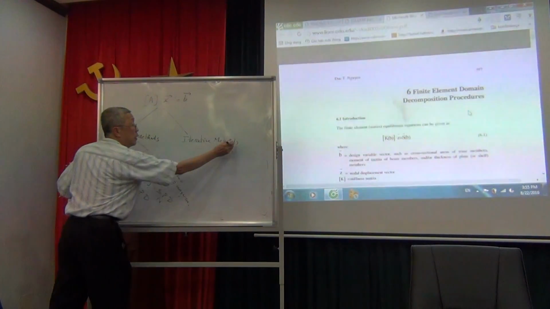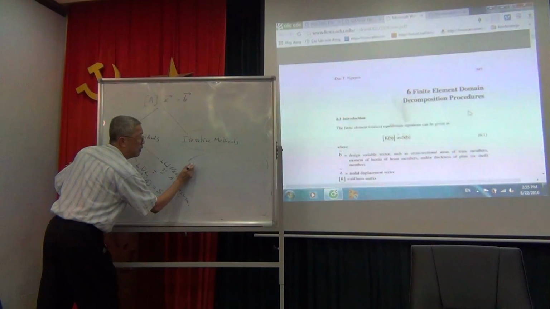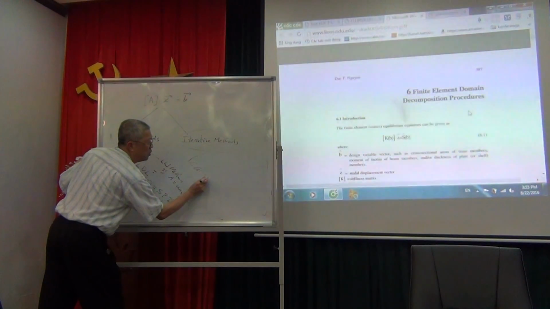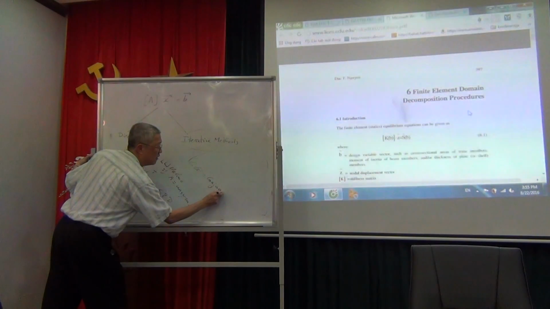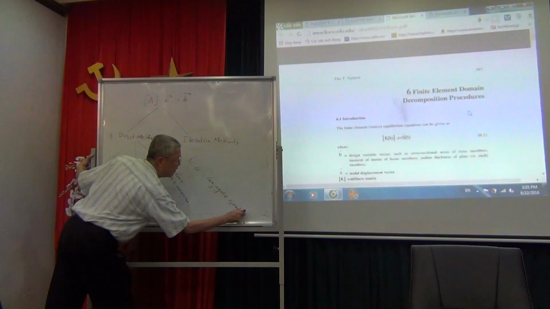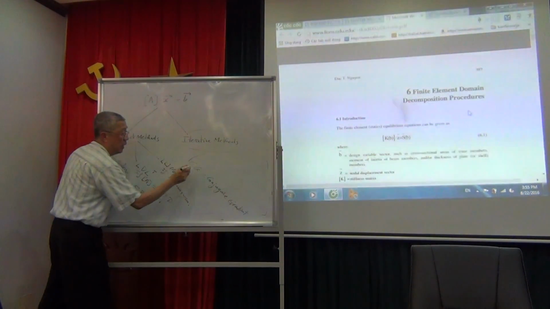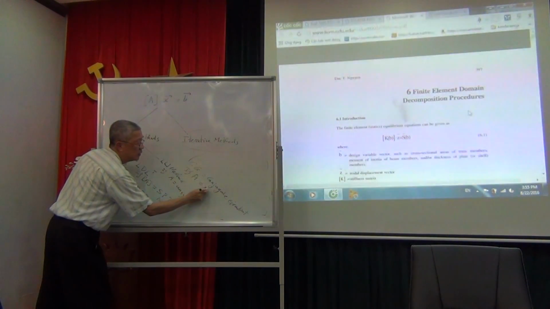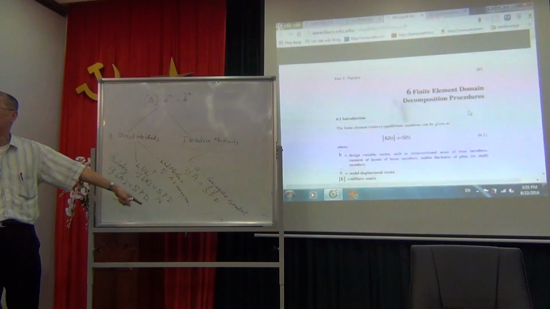So this group, iterative method, again we have some of them. Conjugate gradient, CG. Conjugate gradient. This method will be applied if the matrix A is, let's say, symmetric, positive, definite. Okay?